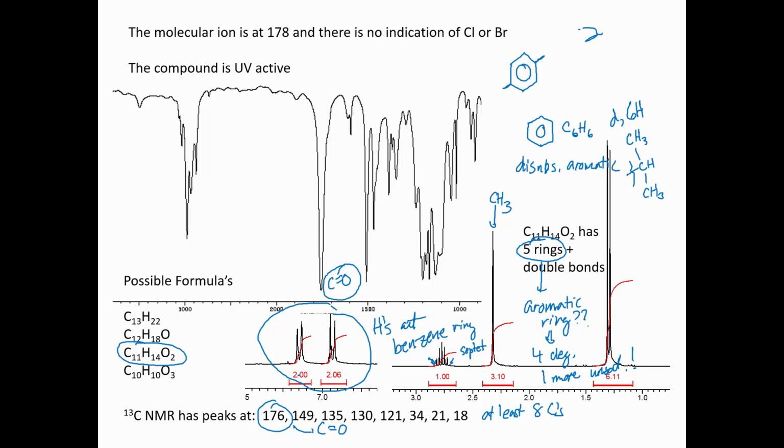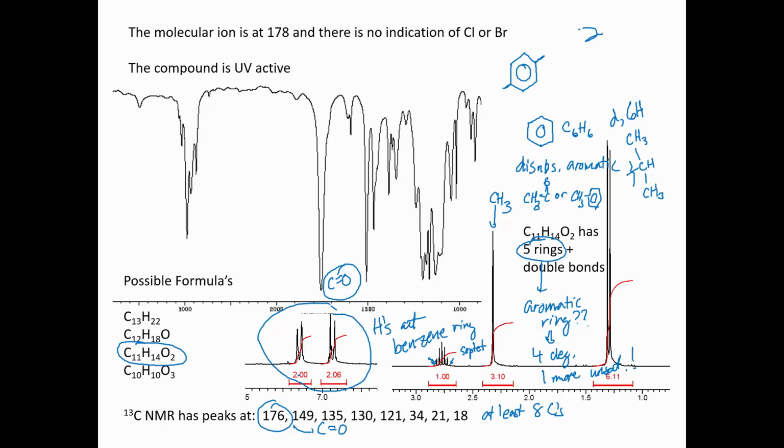Let's look at our chemical shifts. The chemical shift of the methyl group is 2.5. This is only consistent with our methyl group being adjacent to a C double bond O, or directly on a benzene ring. So that's what type of methyl we have here.